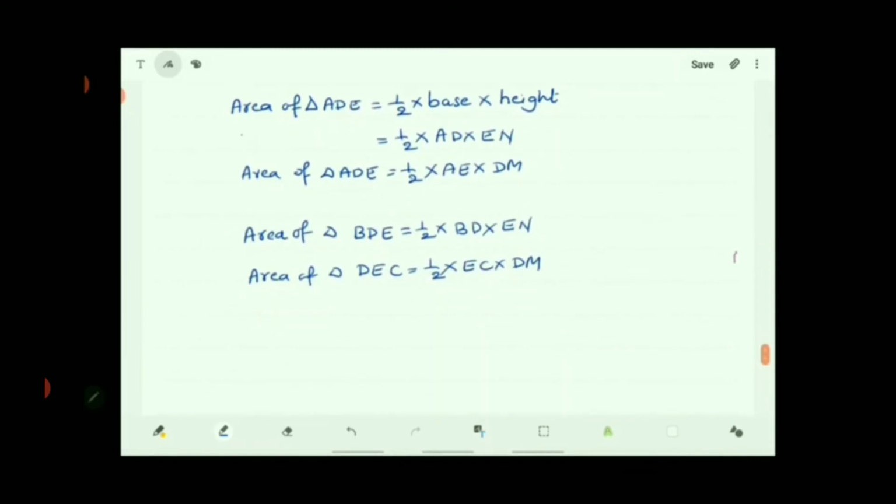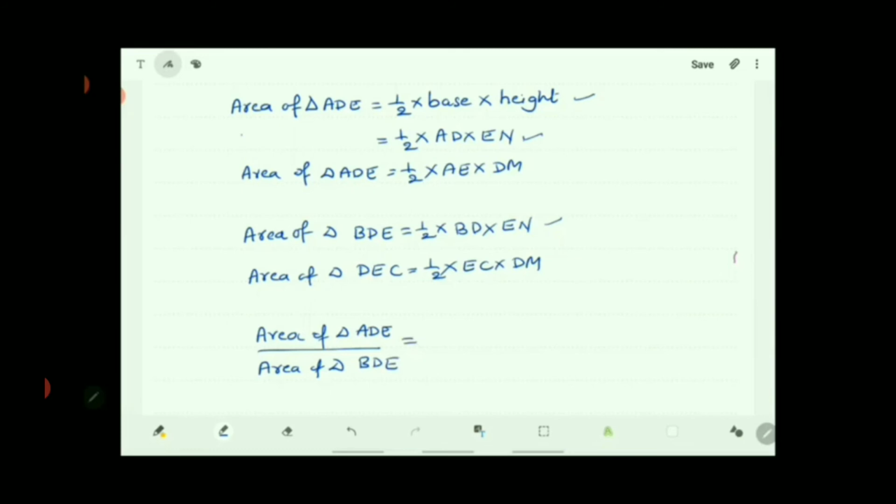Now take the area of the triangles ADE and BDE, because both have the common height EN. So you take area of triangle ADE by area of triangle BDE.